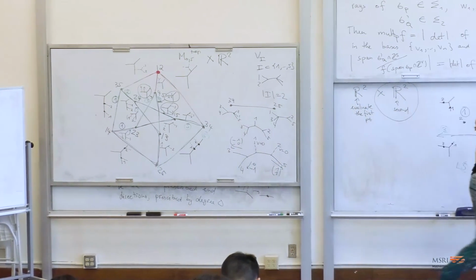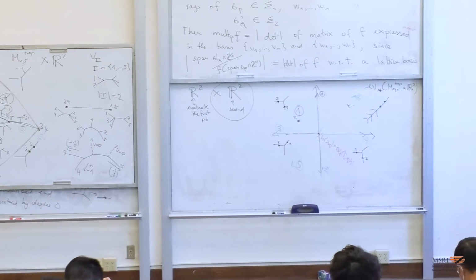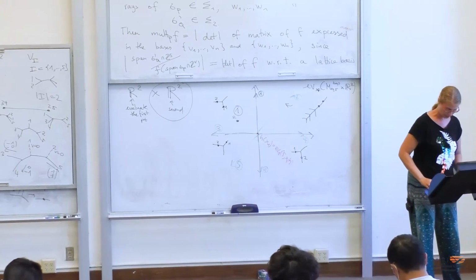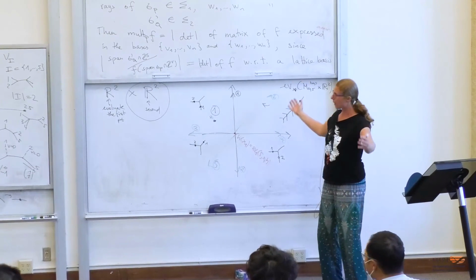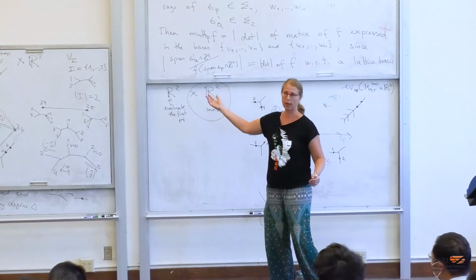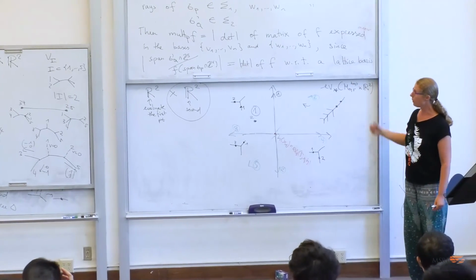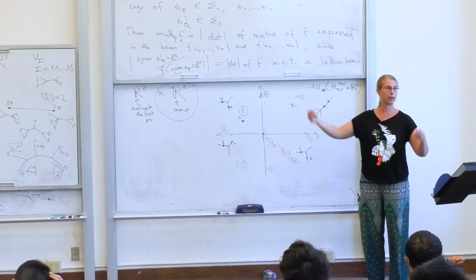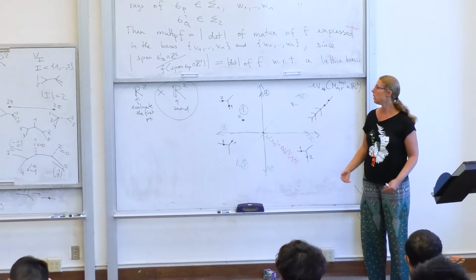So in general, you know, the fans are way too gigantic to draw them, but nevertheless, we got pretty close, I think, to getting a good idea of what is going on here. So, you know, we have this giant M0n trop living in a very big vector space as soon as n is sort of big enough to make the number interesting. We have the evaluation map sending to R2 to the right number of points. It's going to be a map of fans.